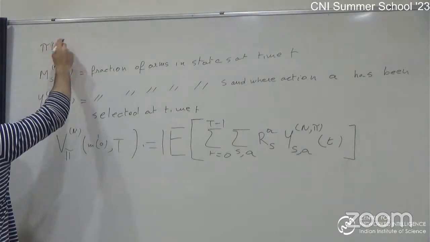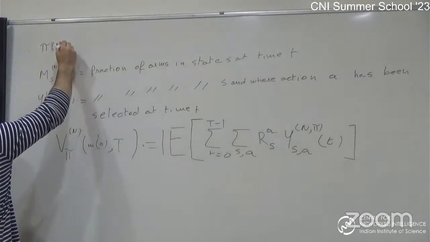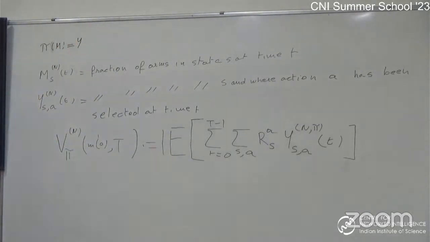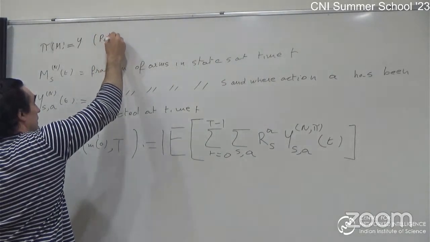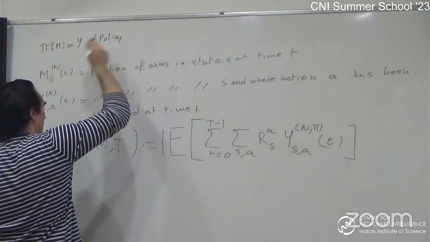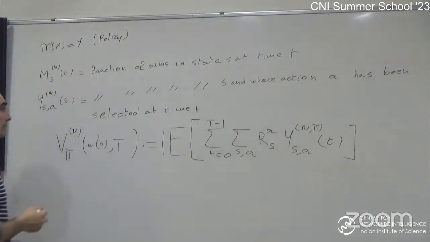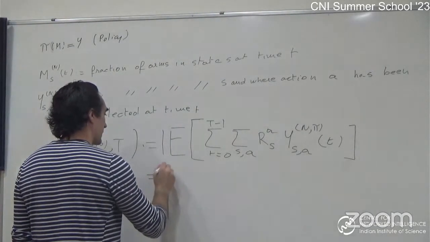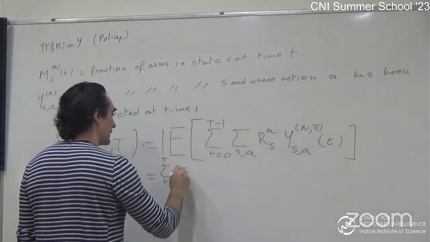I'm taking an empirical distribution M, and I'm giving a vector. So this is my policy, and it is admissible. The thing that you can notice is just by using the linearity of expectation.